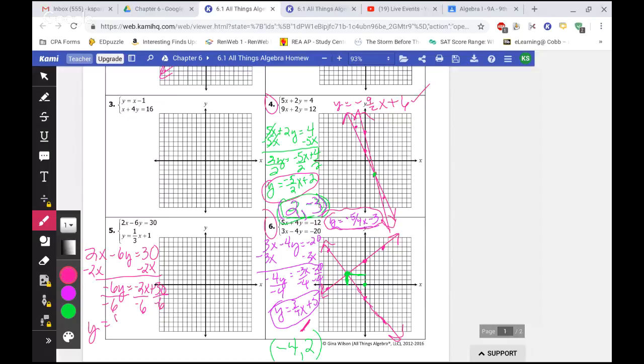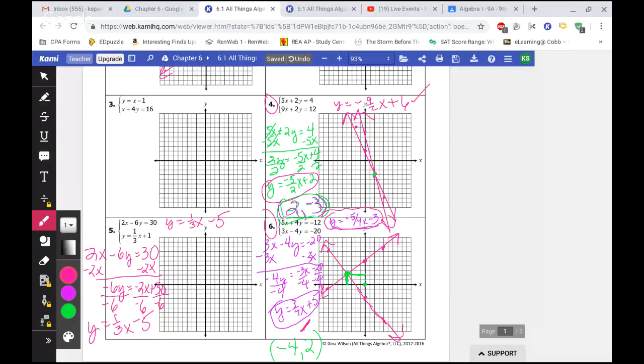Good job. So it's 1/3 x. And then 30 divided by -6 is -5. So my new equation in slope-intercept form is y equals 1/3 x minus 5.